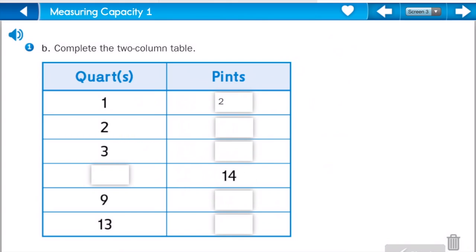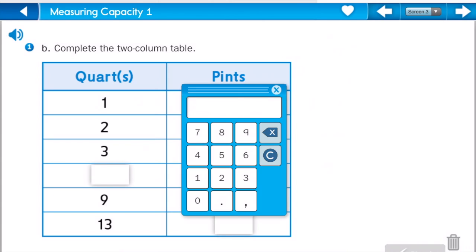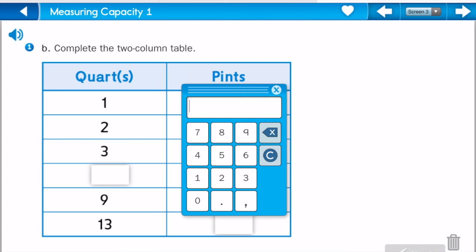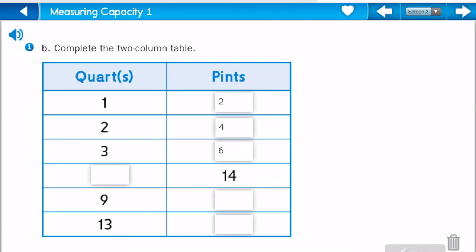So we're going to go through and we're going to fill this in the same way. 2 quarts is how many pints? Yes, it would be 4. And then 3 quarts would equal what? Yep, it would equal 6.